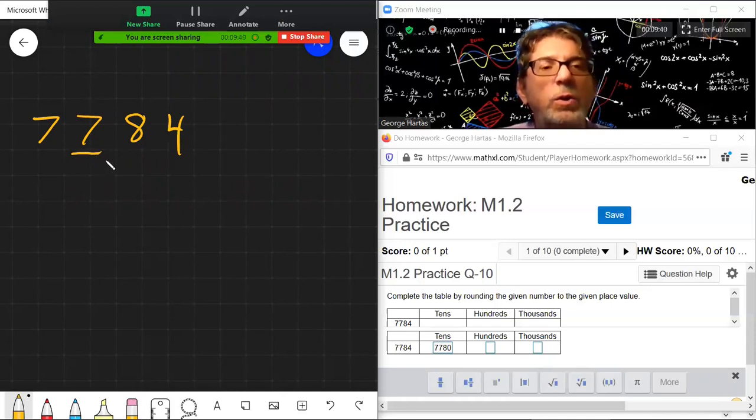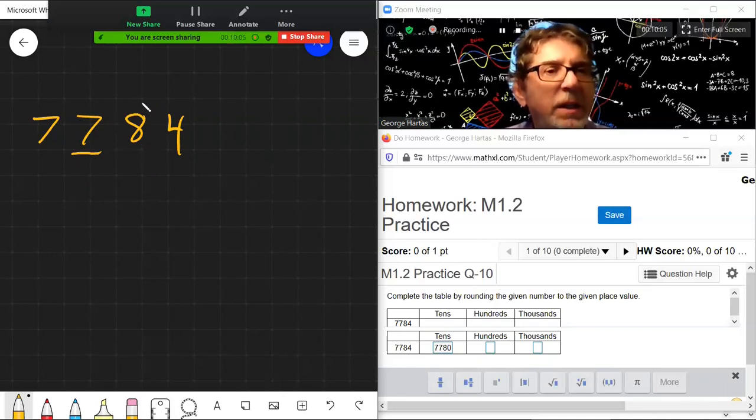Now, to see if we're going to round up or round down, we look only to the digit to the immediate right. We don't care about the 4 or anything else beyond the 8. We only care about this.